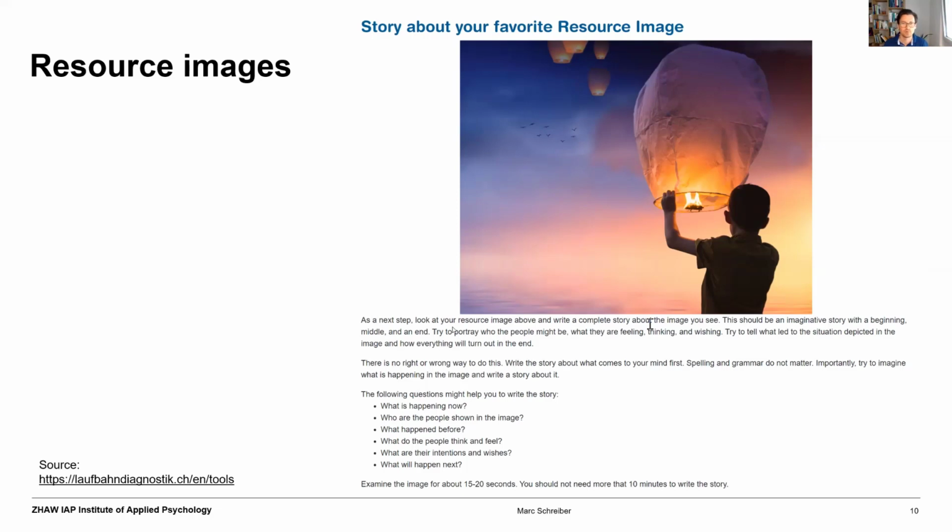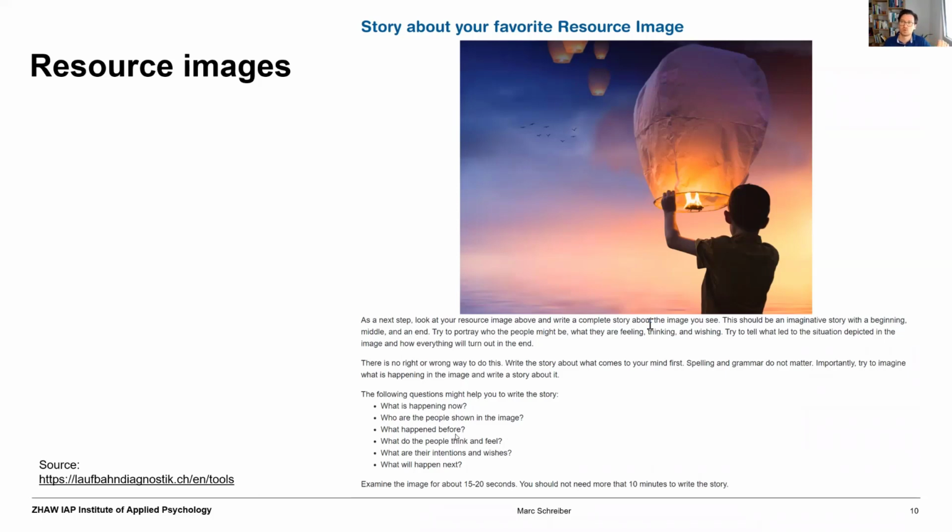As a next step, look at your resource image above and write a complete story about the image you see. The following questions might help you to write the story: What is happening now on the image? Who are the people shown in the image? What happened before? What do the people think and feel? So it's basically the introduction to write a story.